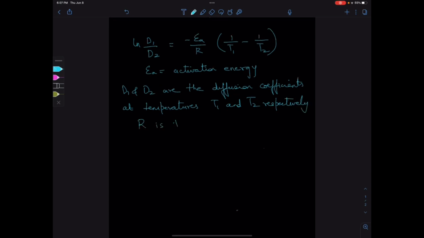So R is the gas constant and T1 and T2 are expressed in Kelvin. So this would be the relation between D1 and D2 at two different temperatures T1 and T2 if they followed an Arrhenius relationship.